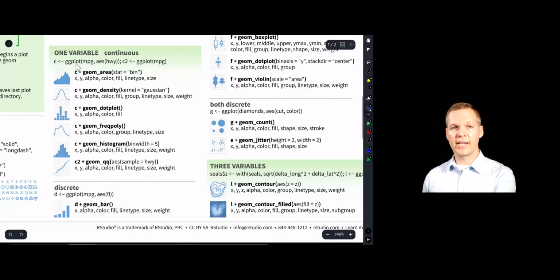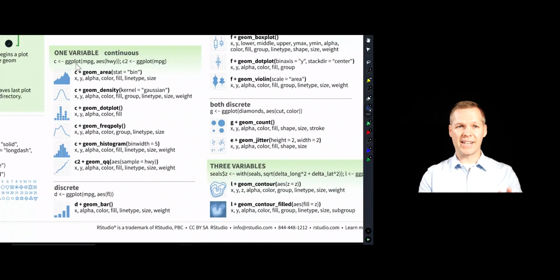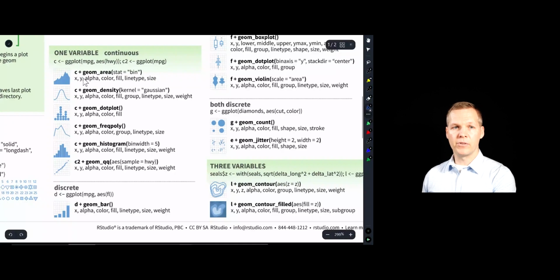Again, this is just creating a base plotting instance. It's essentially saying, I want to use this data set, and here are some aesthetics that are going to be used for the plot. So now I know what to put on my x-axis. I don't know what visualization to put on yet, but I know that highway is going to go across the x-axis. And then what you do is you take that base plotting instance and you use a plus sign, and then you add a particular geom layer.